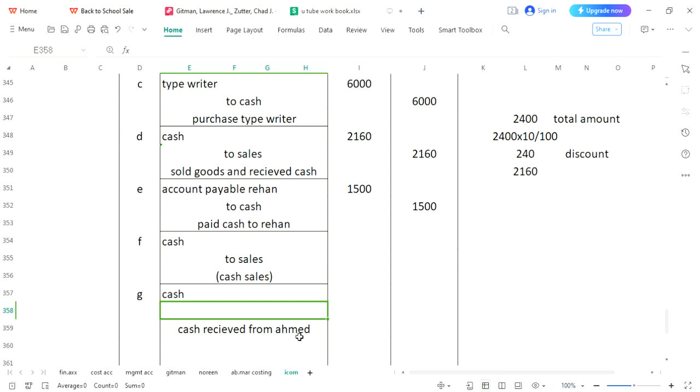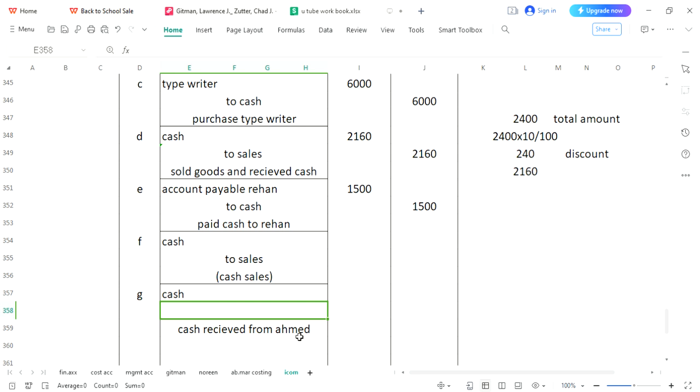Ahmed was your account receivable. Account receivable means you were supposed to receive an amount from Ahmed. It was good news as it was a favorable balance. Ahmed was your asset.